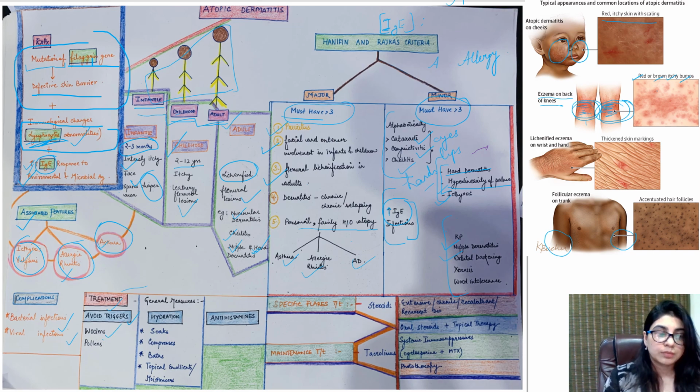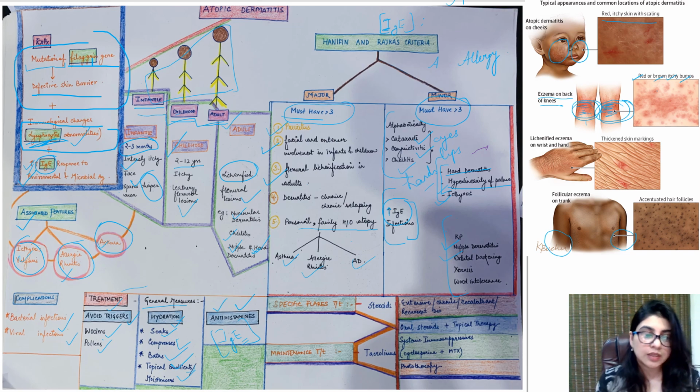Avoid woolens, avoid pollens. Then in general measures, hydration is very important because dryness can also aggravate the scratching part. So compresses, soaps, baths, topical emollients, moisturizers, all of this. Antihistamines are very important because our IgE is increased. To control the allergy, taking antihistamines is very necessary.